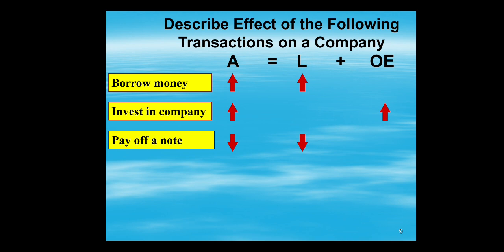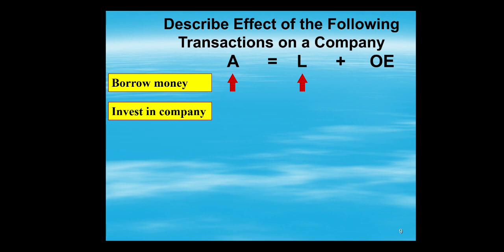The effect on the left side of the equation is the same as the effect on the right side of the equation. If the left side of the equation increases, there will also be an increase in the right side of the equation. Okay, let's see the second example.